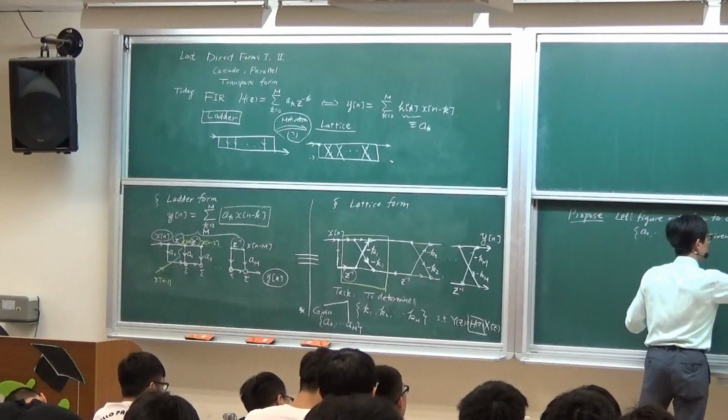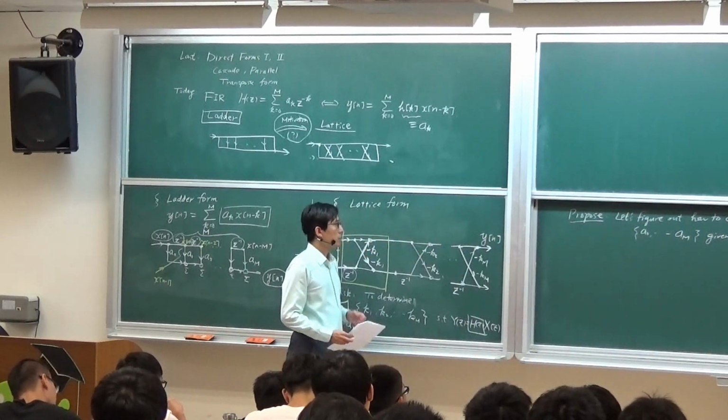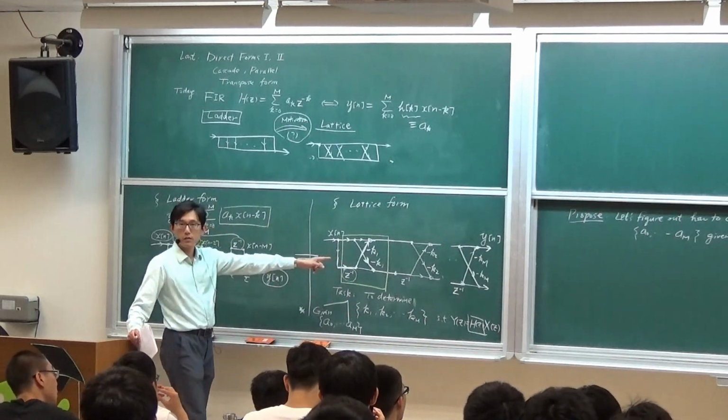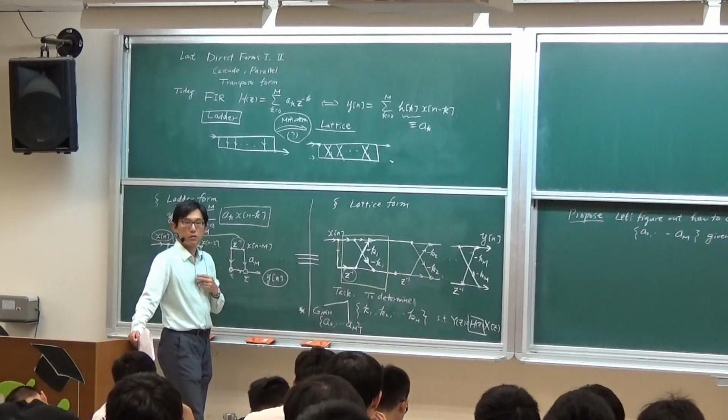Because it's actually easier. It's easier to calculate the ladder coefficient given the lattice coefficients. The other way around is more difficult. It's slightly more difficult. Okay?